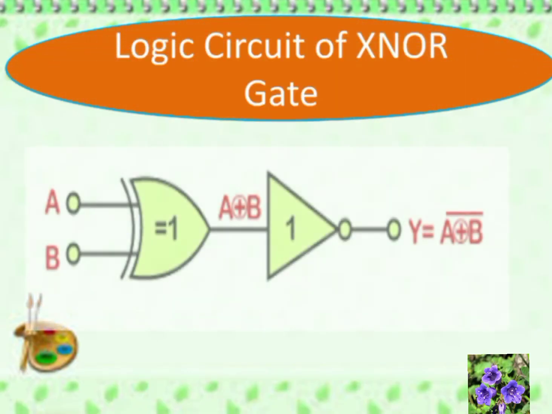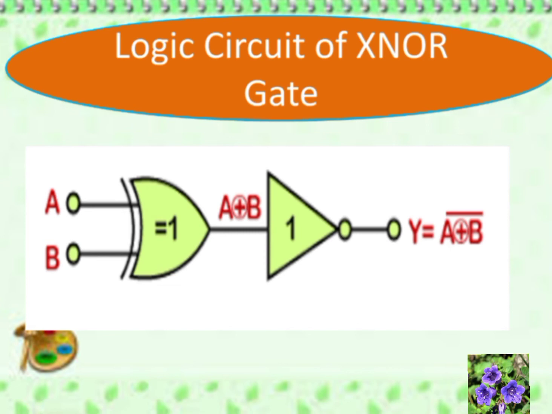Let us see the logical circuit of XNOR gate. I told you this is the complement of the XOR gate. So after getting the XOR gate result, they add the inverter, and from that we get the complement. Here A encircled plus B is inverted by the NOT gate.